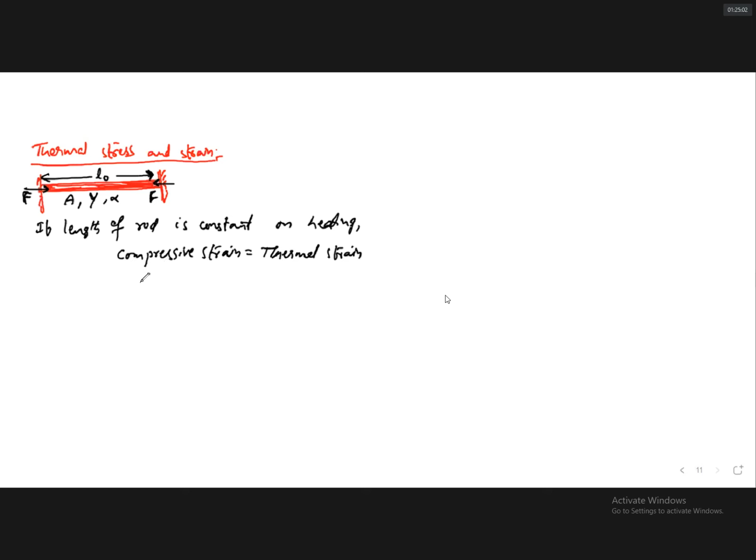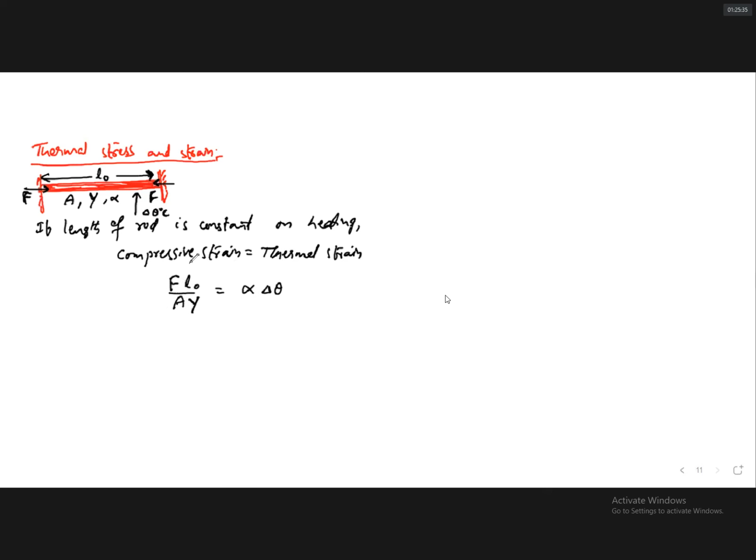In elasticity, delta L equals F L0 by A Y, where L0 is the original length. And thermal strain we write as alpha delta theta, where delta theta is the rise in temperature of the rod. So F L0 by A Y equals L0 alpha delta theta.